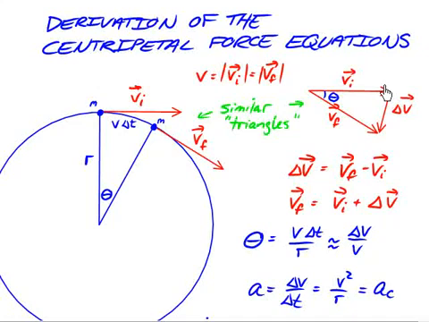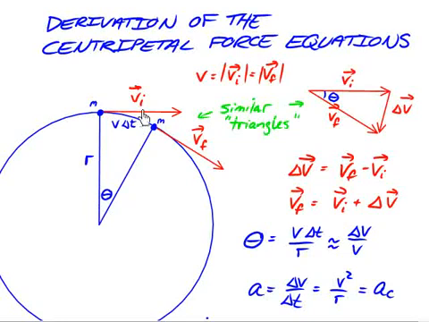So in other words, if I take delta v divided by v, that's this ratio right here, then that ratio is the same thing as v delta t, the distance traveled by the ball, divided by r.